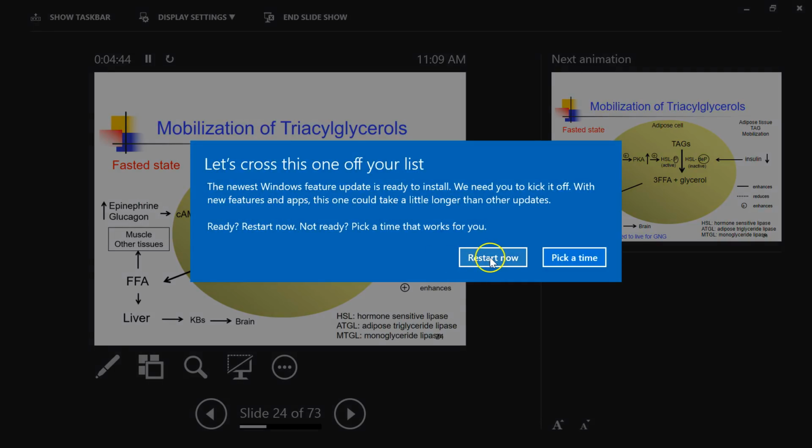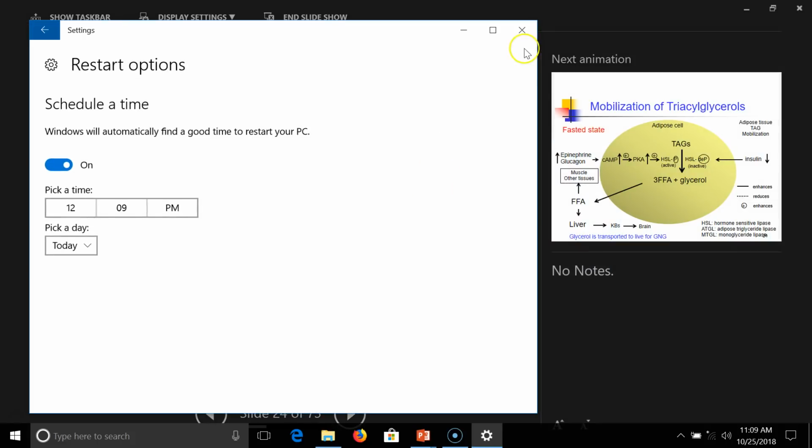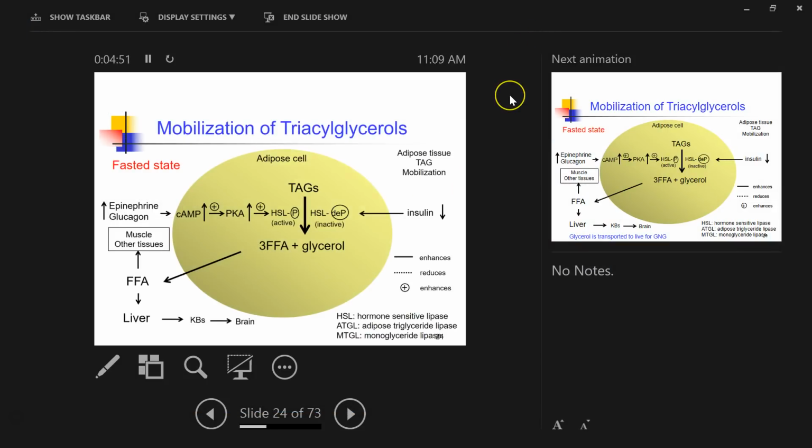Number 22. Okay, does a low carbohydrate diet induce lipolysis? Yes or no? Low carbohydrate diet. Yes, right?